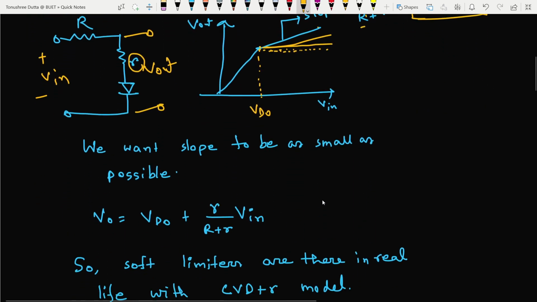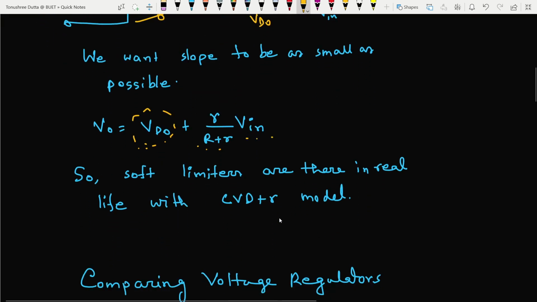Now, our output previously was only VD0, but in the case of soft limiters, our output is VD0 plus small r divided by capital R plus small r, times Vin. Soft limiters are the ones that we get in the real world.